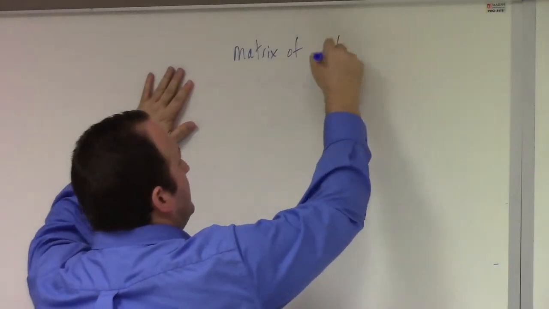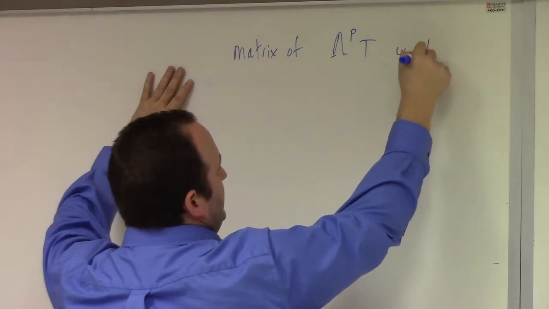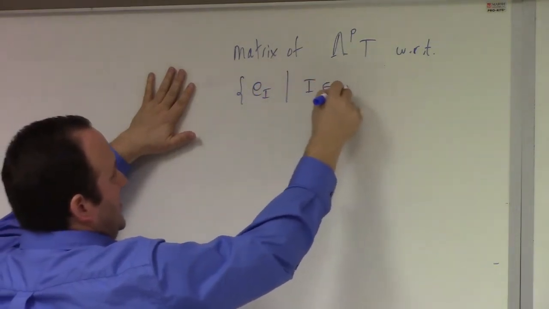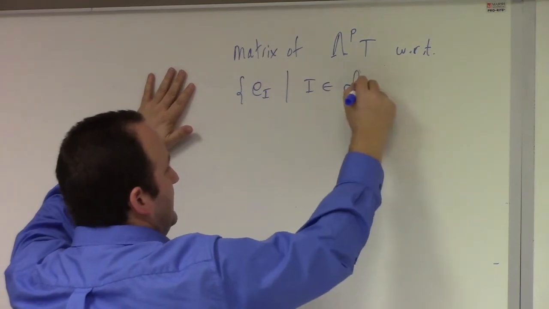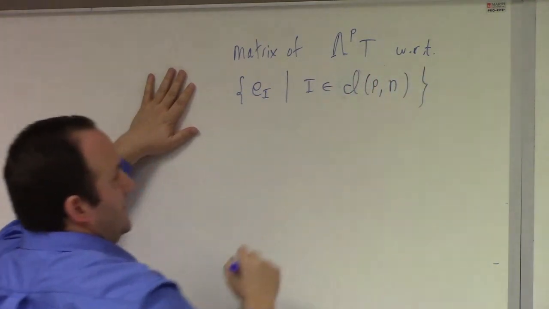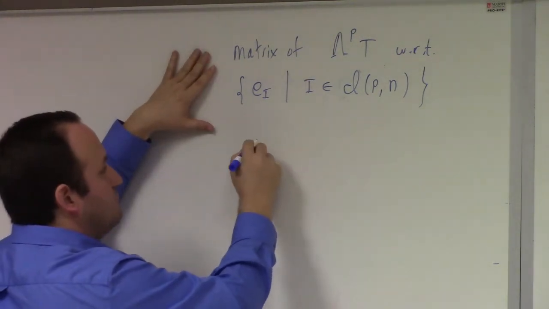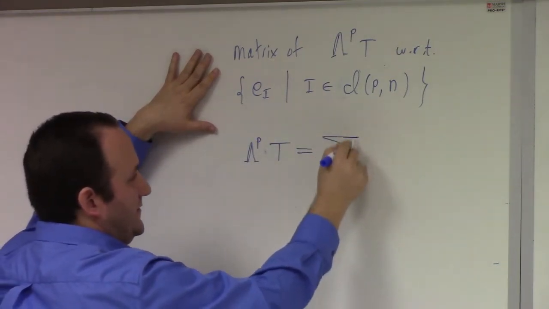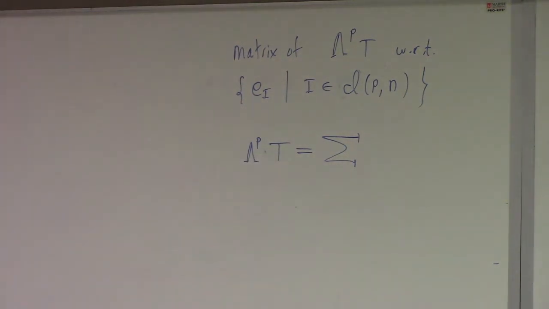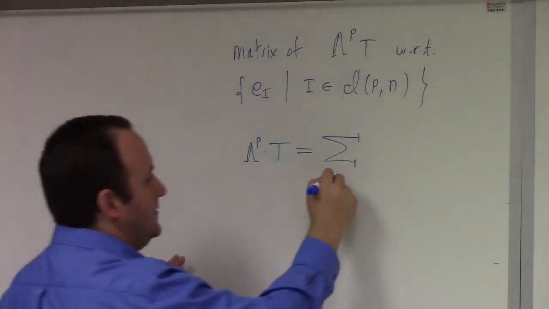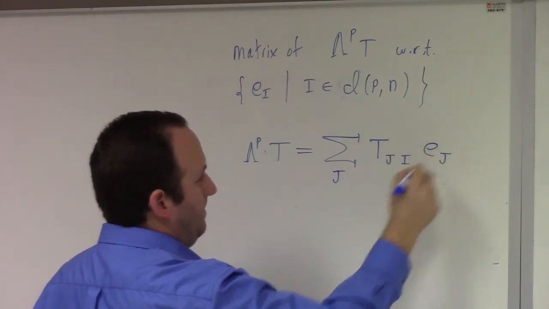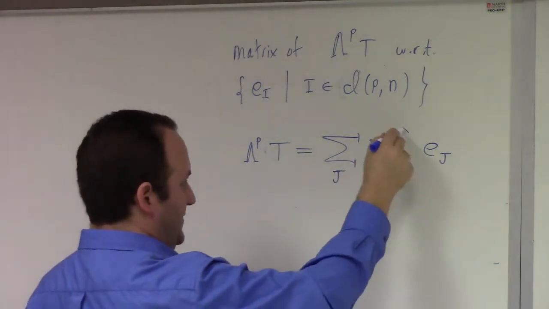So the matrix of the pth exterior power of T with respect to the usual E_I, such that I is an element of the increasing indices of length p over n, if you write this as something like a sum over J of T_{Ji} E_J, then this matrix is pretty interesting.